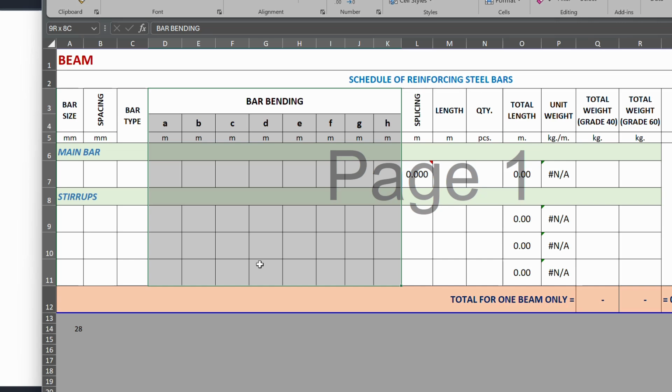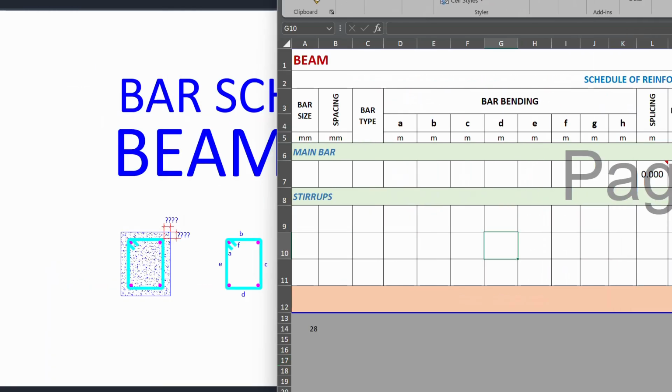Usually a cutting list is only used in bigger construction. In small construction they don't have one, so the steelman should also know how to read a plan, or if not, you can always ask your foreman or the engineer. So this is what the steelman watches. Then let's go back here.